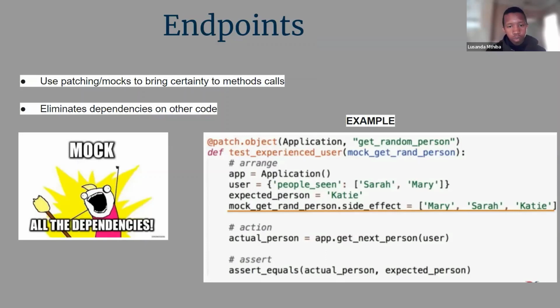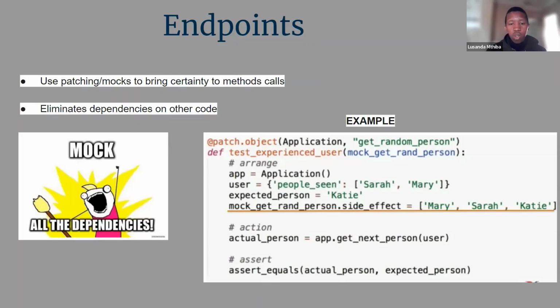Then arrange: app is equal to Application, then user is equal to a declared user. Expected person is KT. Then mock side effect, where you override that get_random_person with this list. Then actual person is equal to app.get_next_person(user).